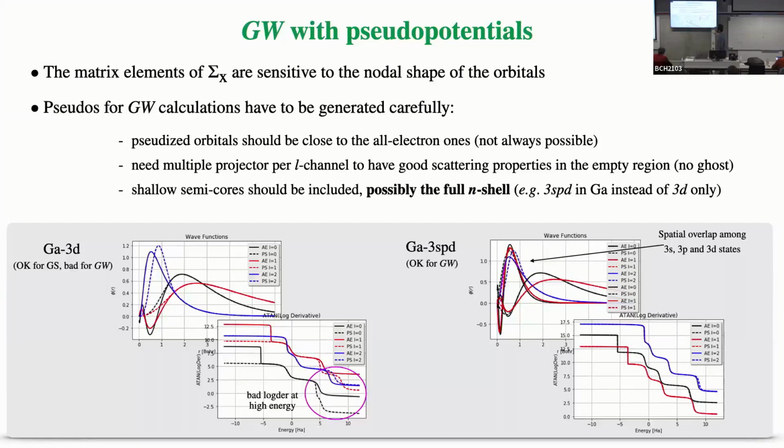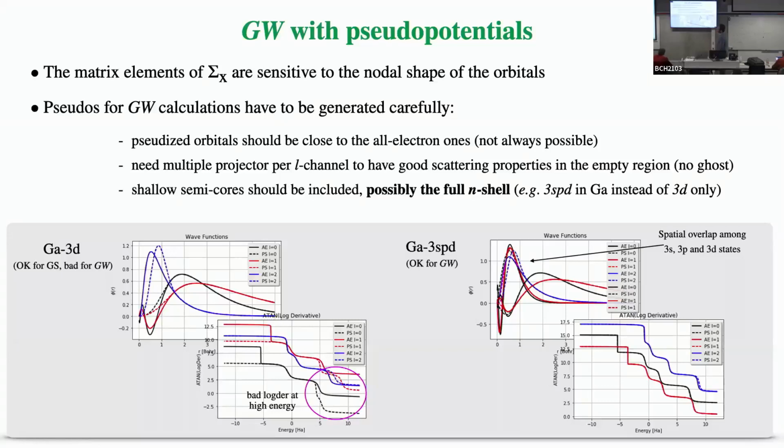So if the solid line here is reproduced by the dashed line that corresponds to the pseudo, we are confident that our pseudopotential is able to describe the scattering with electrons in this region. The negative energy corresponds to bound states, and the positive energy corresponds to unbound states. For ground state applications, it is very important to have the solid and dashed lines on top of each other in this region.